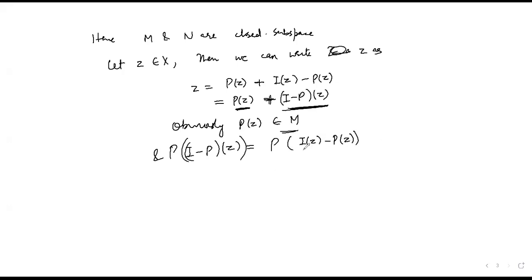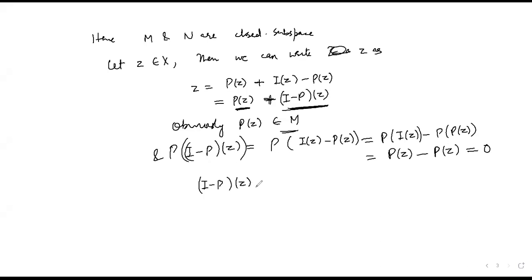But P is linear, so this would be P of I of z minus P of P of z. But I of z is z, so it is P of z minus P of z, and since P is a projection, P of P of z is the same thing as P of z, so it is 0 because it is idempotent. That means I minus P applied to z belongs to N, the kernel of P, because P vanishes on it.